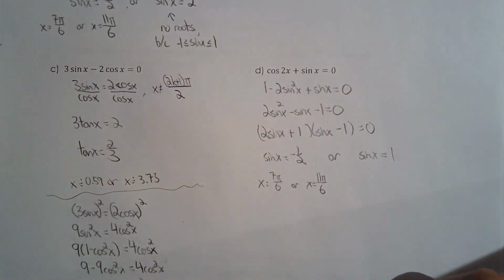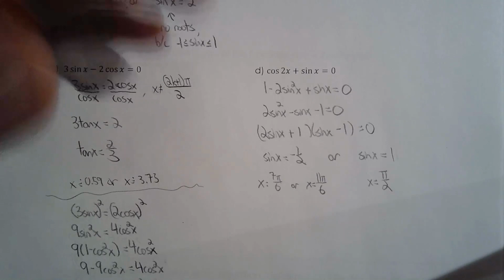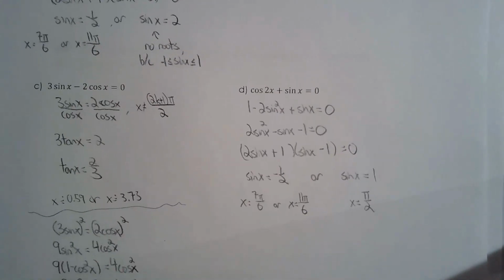Quadrant 3 or quadrant 4, reference angle pi over 6. sine x equals 1, I know the sine graph. It's only a maximum at pi over 2. Beautiful. I can't say this enough. The graph really helps. Okay, so that's that. One more sheet to go.